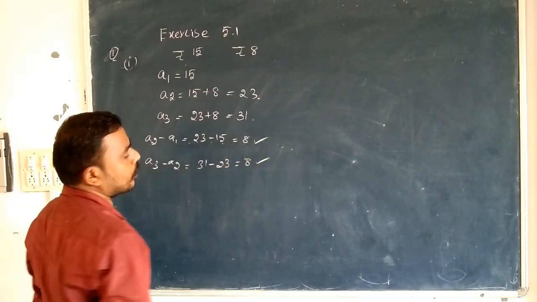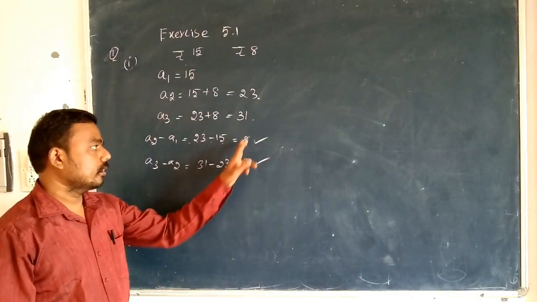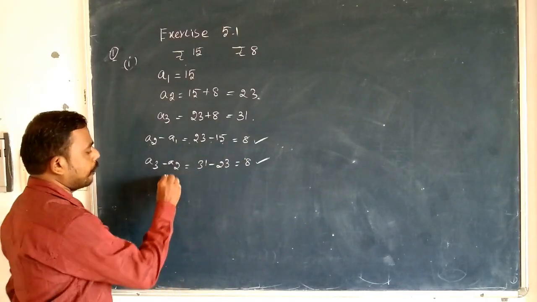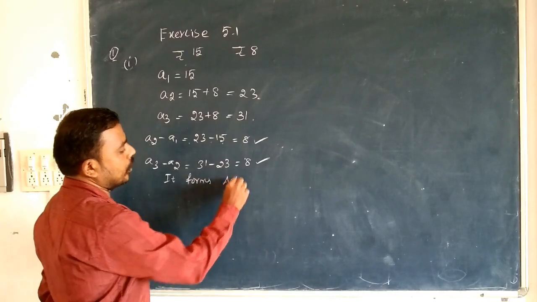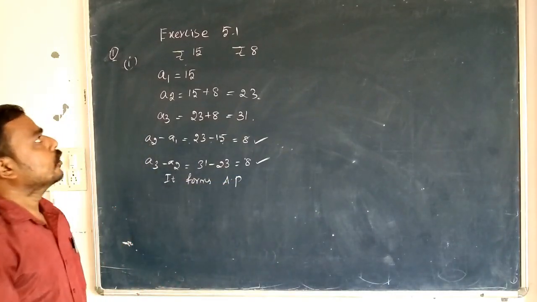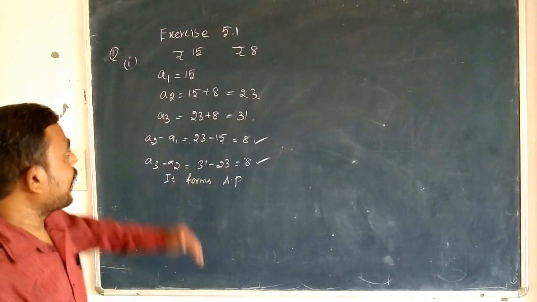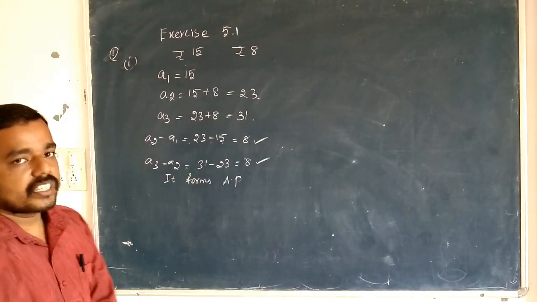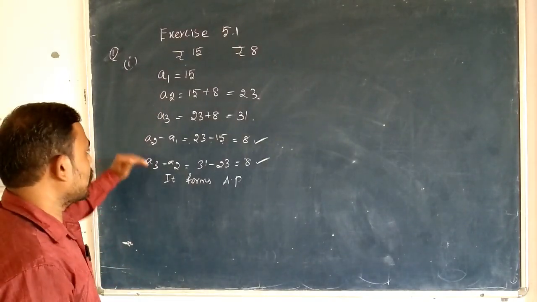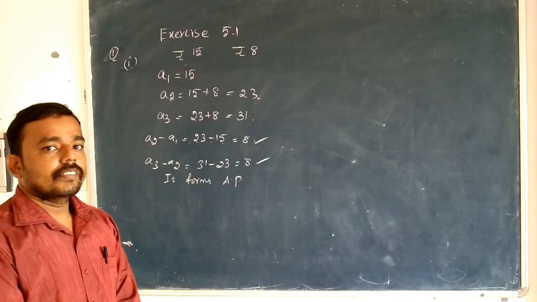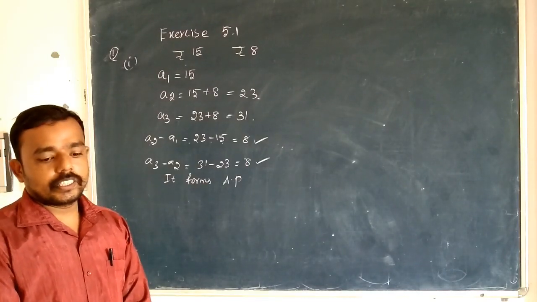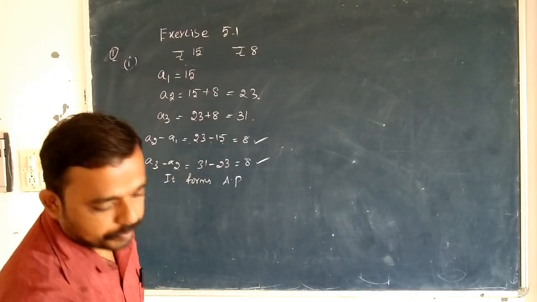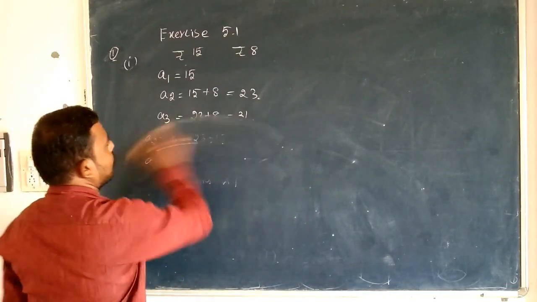So D is equal in both cases, so it forms an AP. To check for an arithmetic progression, we first write the first term, second term and third term, and next check the difference D, whether it is equal or not. If it is equal, we automatically say that it forms an arithmetic progression. Then the second problem.